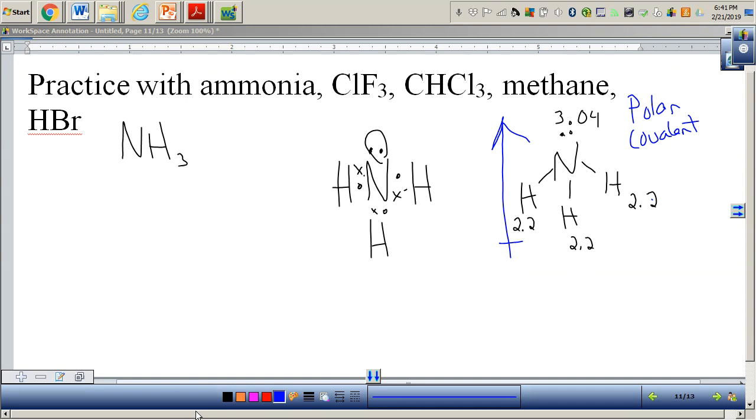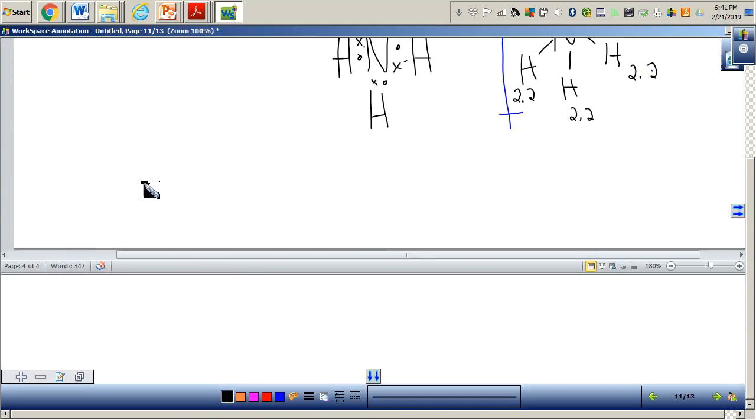The next one is ClF3. Chlorine goes in the middle. Start with the outer atoms first.